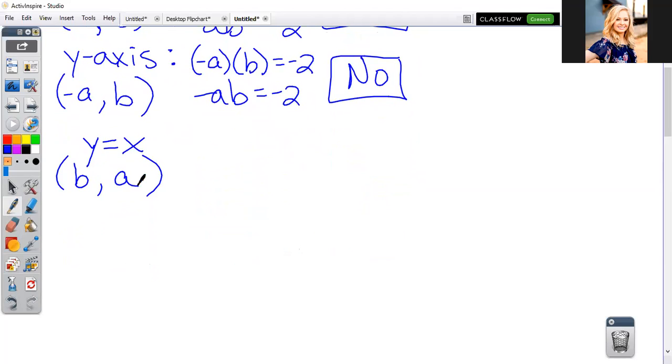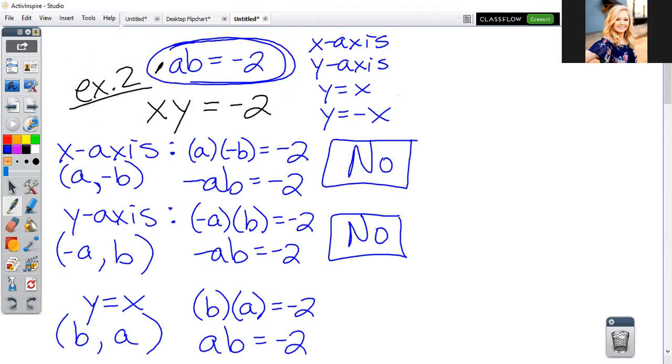And what are you going to plug in for y? a. So now you're going to say, that's b times a equals -2. Well, b times a is the same as what? a times b. You want it to look like that. Remember, we're trying to make it look like our original up here.